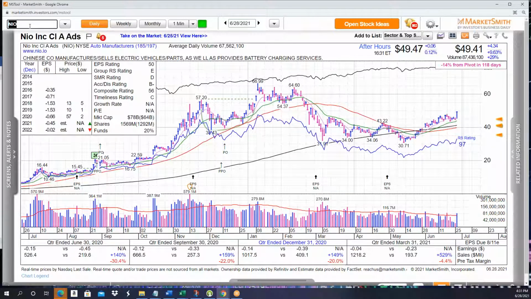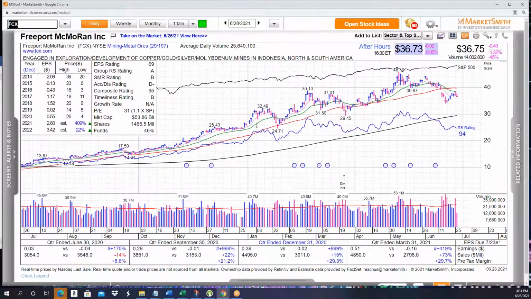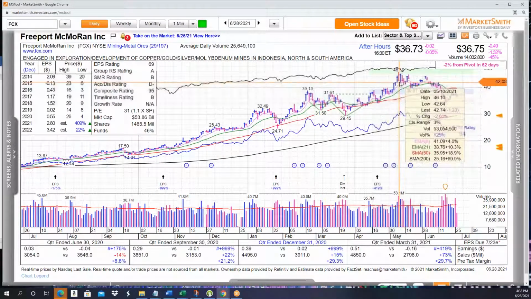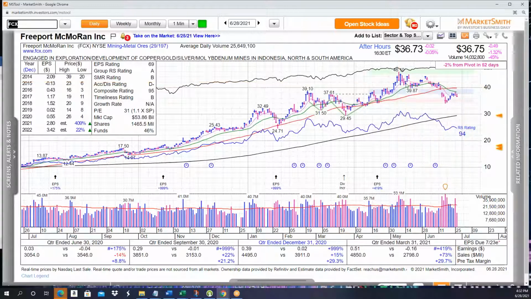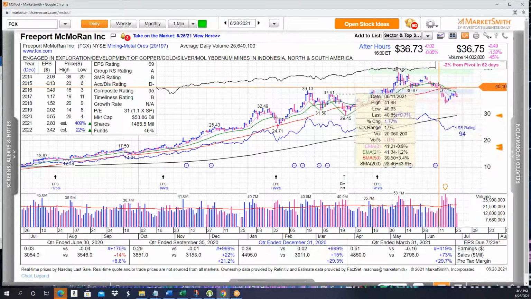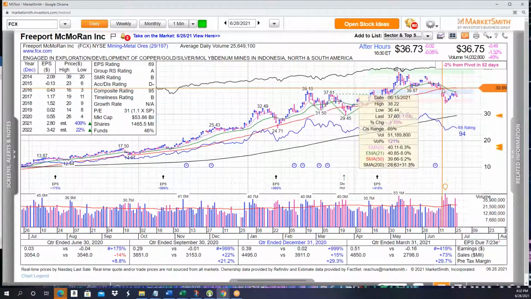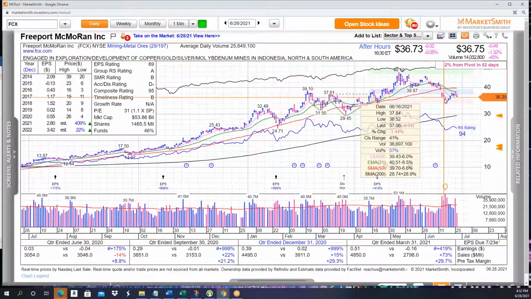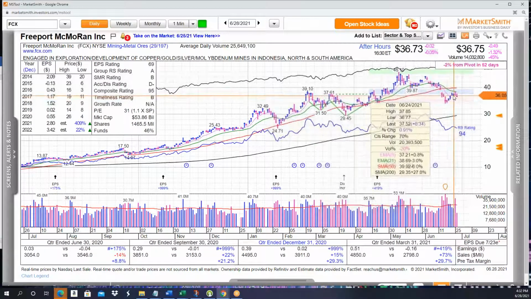So on the flip side of the equation, let's look at FCX, which I just showed you. What are we seeing here with FCX, right? We're seeing a peak right here at 46.10, came back, bounced a little bit, then comes down, breaks the 21, breaks the 50, and sells off pretty hard and tries to rally back up.